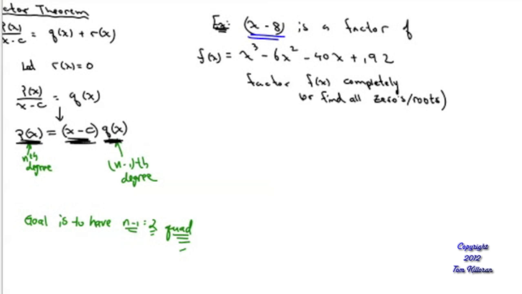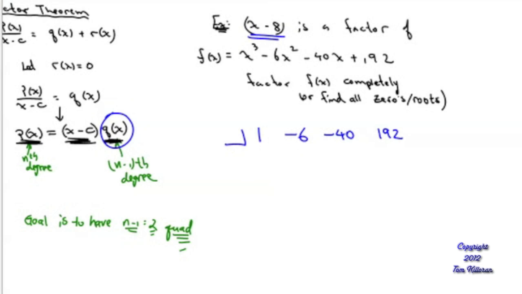And if I get it down to 0, I can find this q of x, which has 1 degree less than a 3. What's 1 degree less than a 3? 2, which would be a quadratic, and I can do anything I want with that one. So what I should do is set up some synthetic division. 1, -6, -40, 192. And I'm going to synthetically divide by 8.